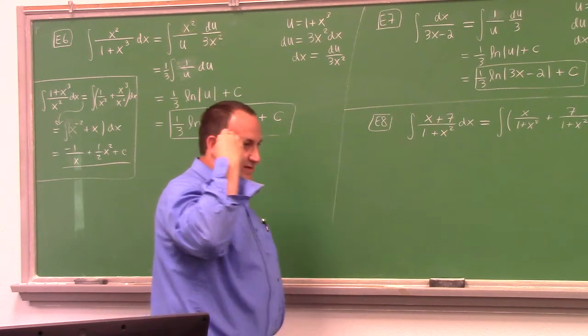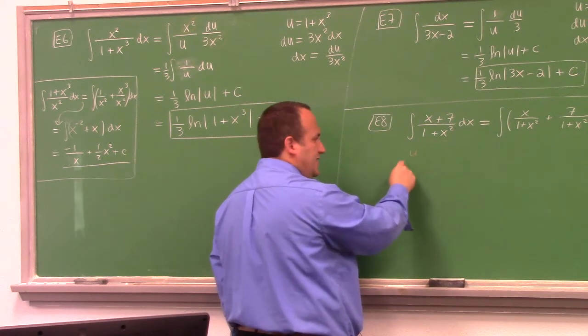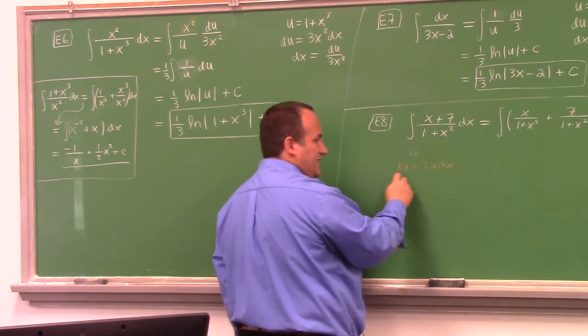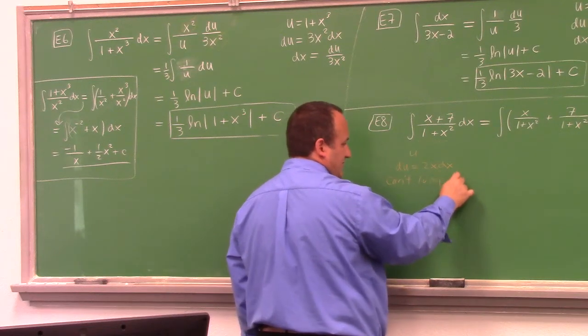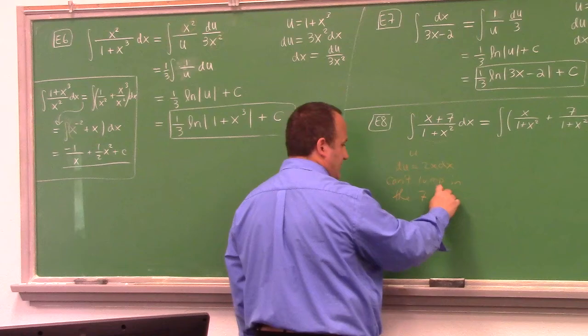If I make that u, then du is 2x dx, right? But I can't lump in the 7. So that approach is dead.